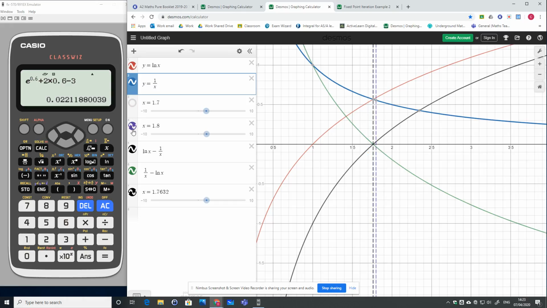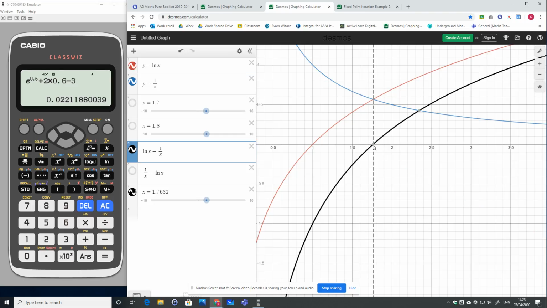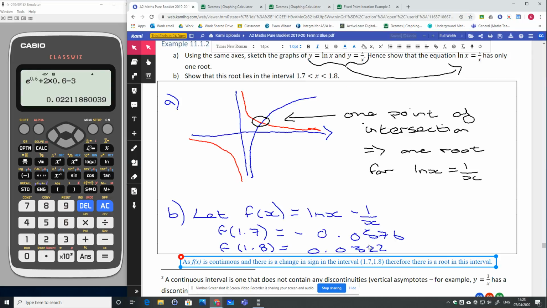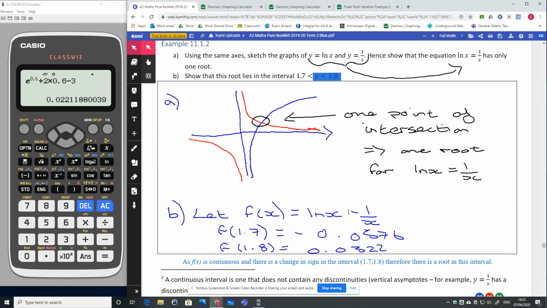So the root is the black line, and you can see that it's intersecting all of those curves in the same place. So we looked at just that one. We did ln x minus 1 over x, which is that point there. So it's just dropped it down to there. So that's what you're doing when you do this bit here in terms of your working out.